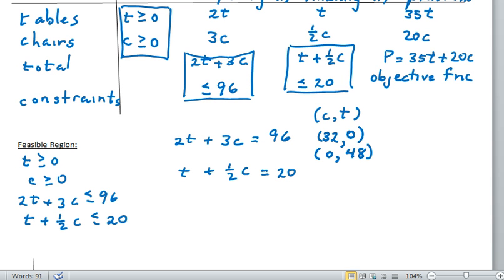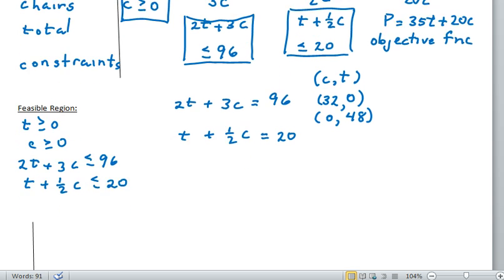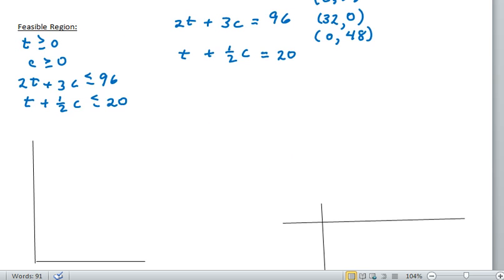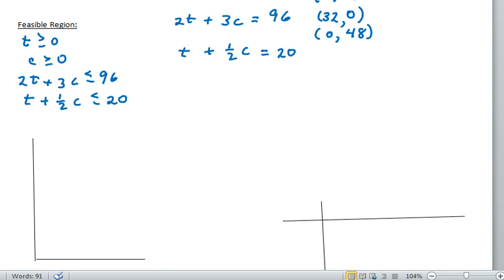So we'll go down and we'll graph that line on the axes here. The horizontal axis is going to be C, the vertical is going to be T. So we find 48 on the T-axis and 32 on the C-axis, and draw the line through those two intercepts.